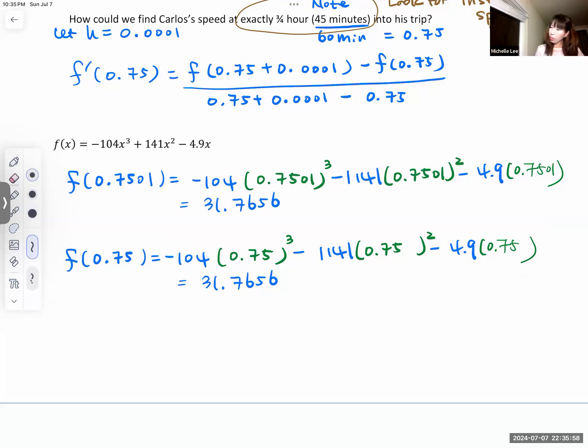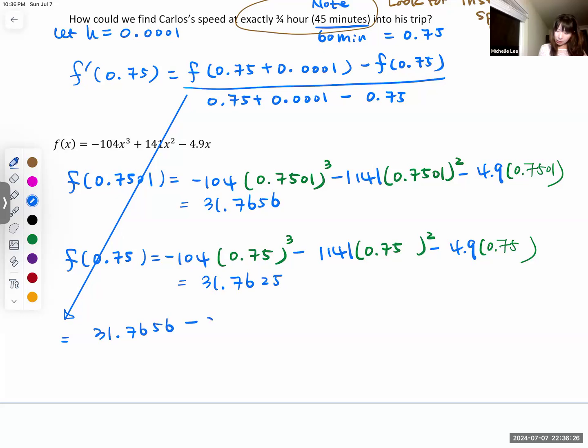Okay, so there will be 31.7625. So we have this one will be 31.7656 minus 31.7625 over 0.0001.